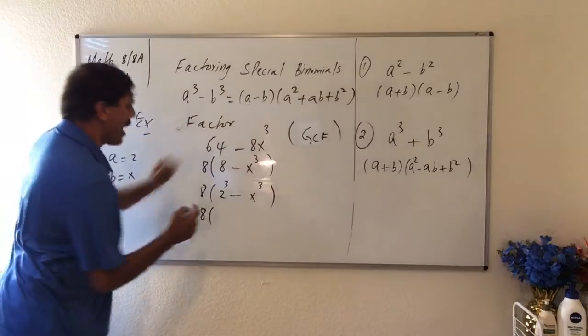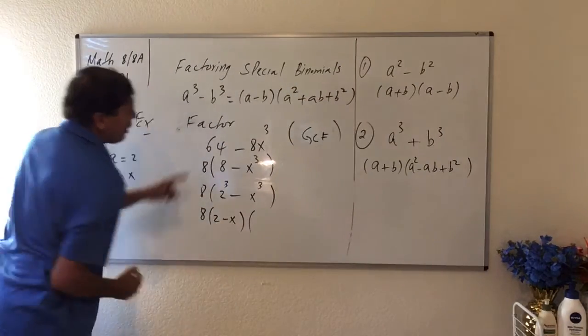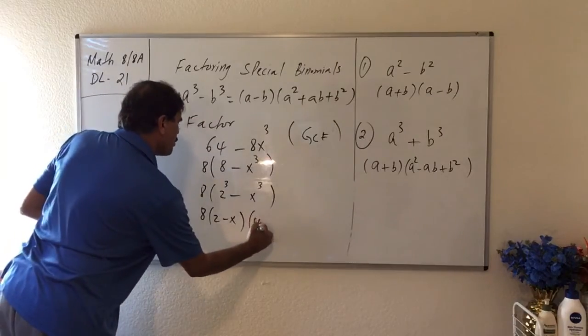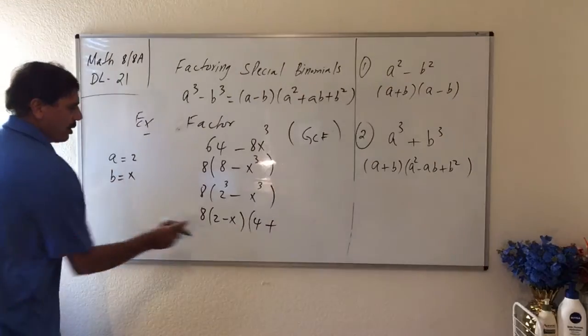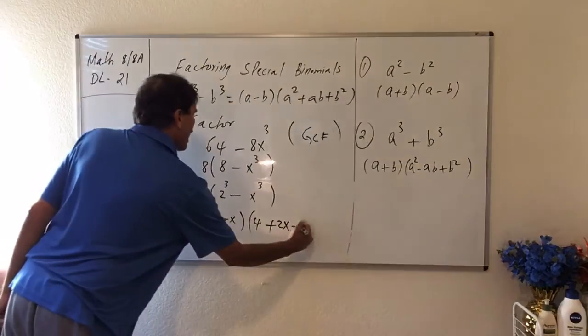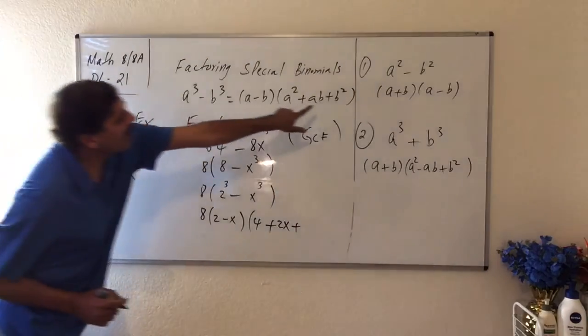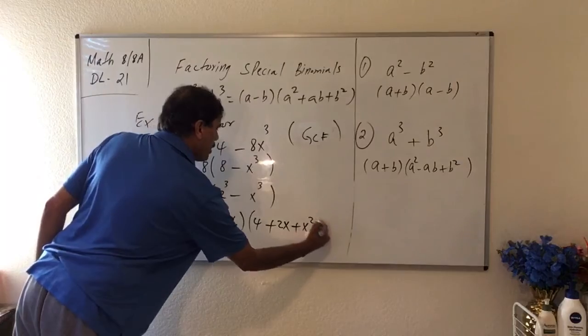First base minus second, keep the order, 2 minus x. Then the square of the first base, which is 4, plus. Everything is plus here, so do not mix up the signs. Then multiply both bases, 2 times x. And the last one is the square of the second base, b squared, so b is x, so x squared. So that's the answer.